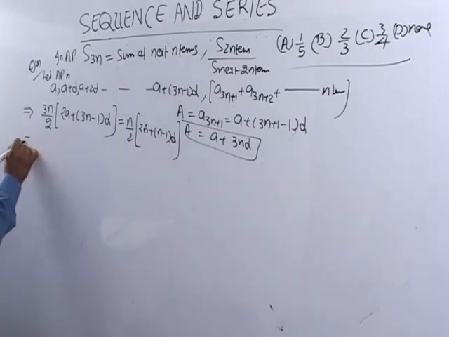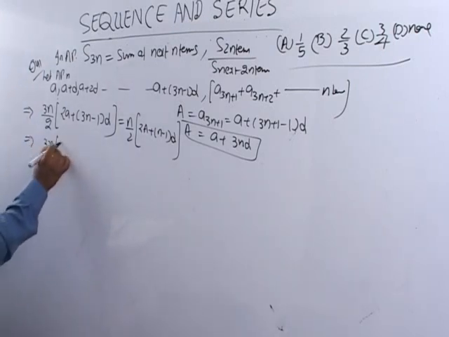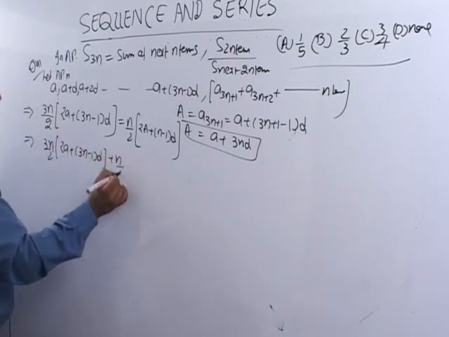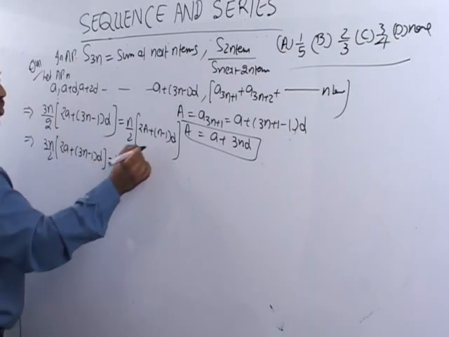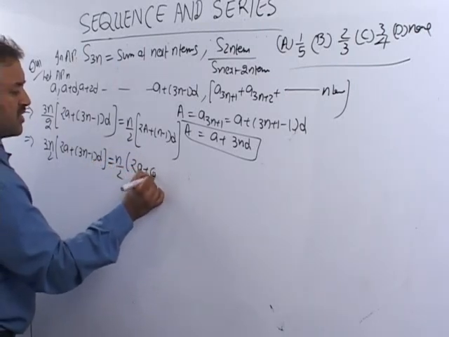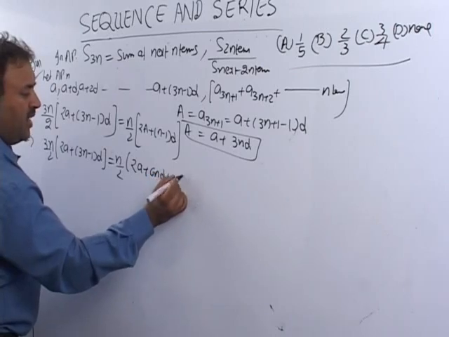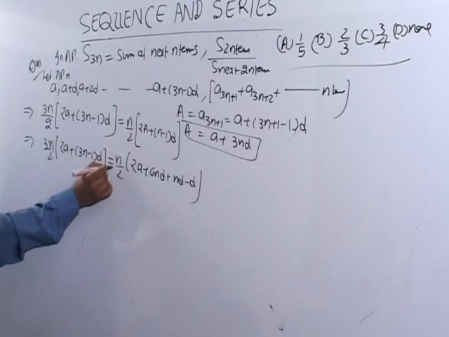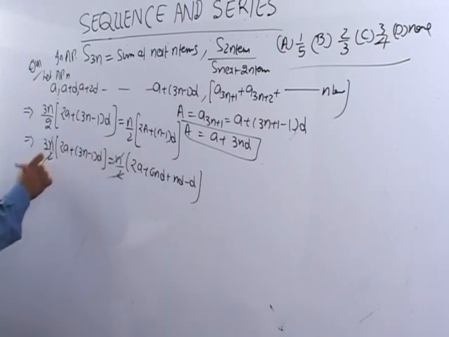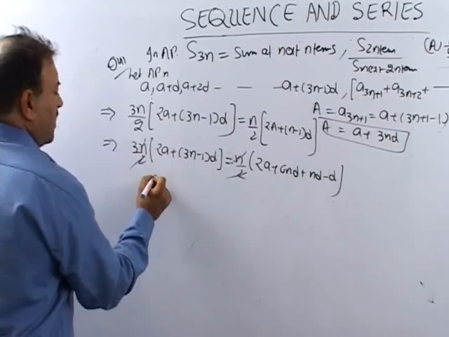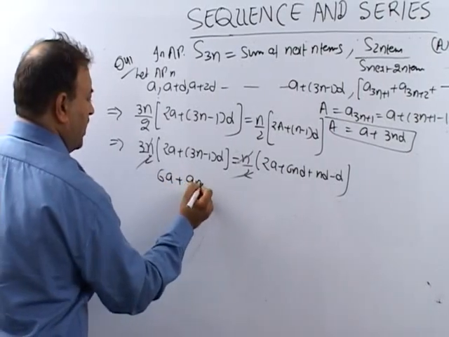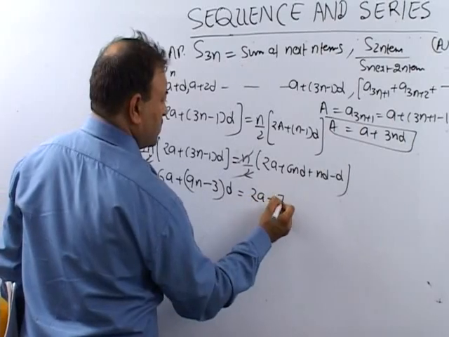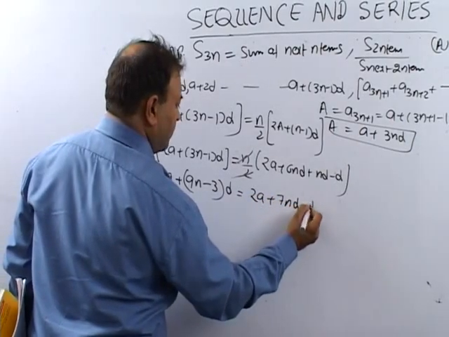That means 3n by 2, 2a plus 3n minus 1 d, equals n by 2, 2a plus 6nd plus nd minus d. The n and 2 cancel out, multiply by 3: 6a plus 9n minus 3 into d equals 2a plus 7nd minus d.